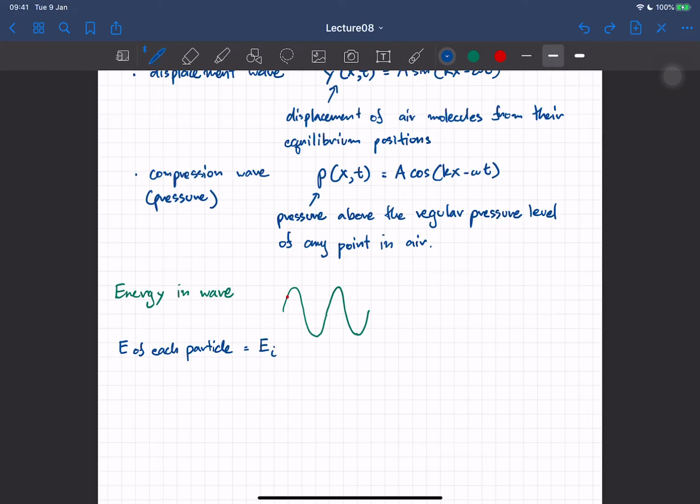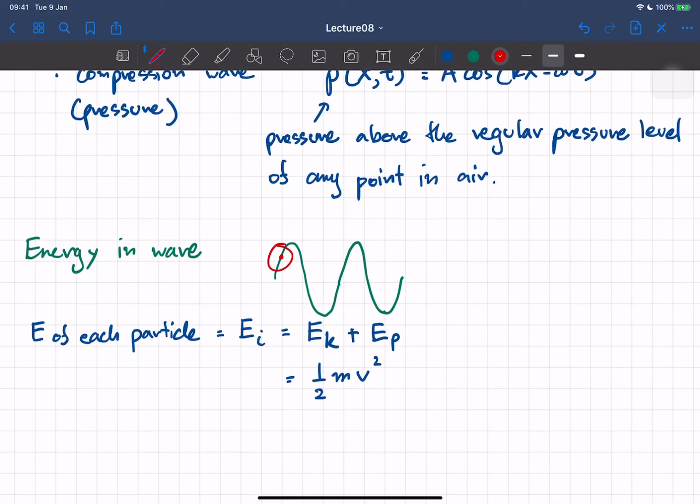But this is just for each particle, and that's going to have two contributions: the kinetic energy EK plus the potential energy EP. That's true for any particle in the system, but for now we look at only one particle. So what is EK? Well, it's just 1/2 mv squared, and v in this case is the velocity of this particular particle, not the velocity of the wave.